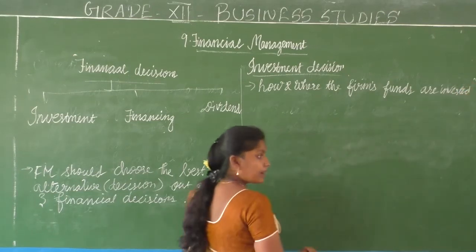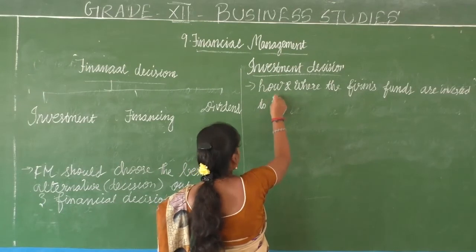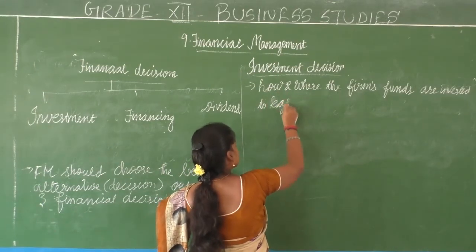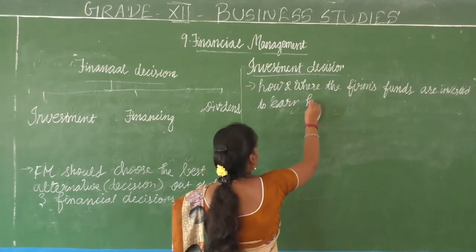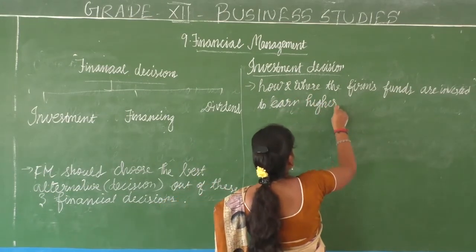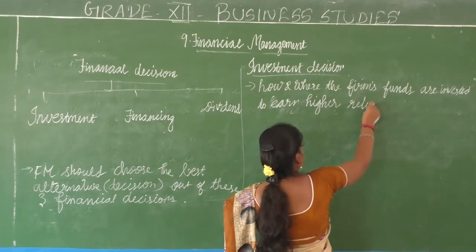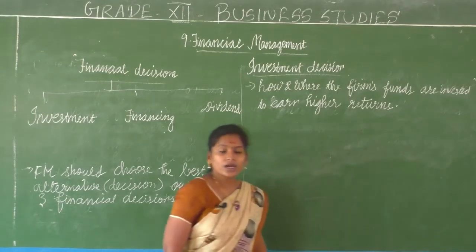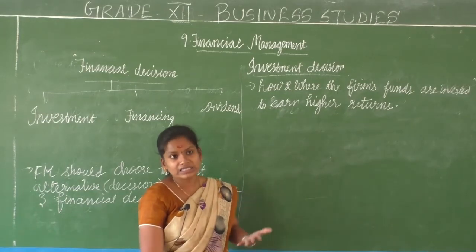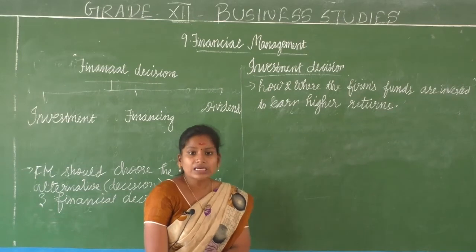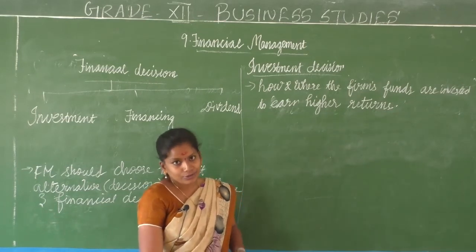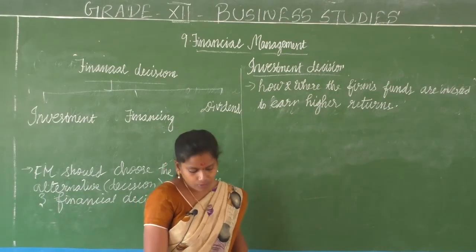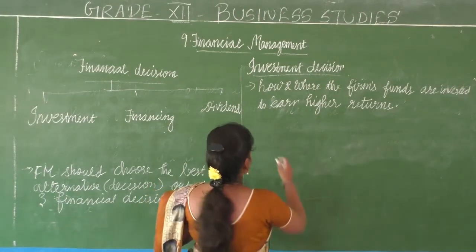எதுக்காக இதை பார்க்குறோம் அப்படின்னா to earn what? To earn higher returns. நான் அதிகமாக earn பண்ணுறதுக்கு எந்த மாதிரி நான் இன்வெஸ்ட் பண்ணணும், எதில் நான் இன்வெஸ்ட் பண்ணணும், எந்த அசட்டில் நான் இன்வெஸ்ட் பண்ணணுங்கிறது தான் இன்வெஸ்ட்மெண்ட் டிசிஷன்.